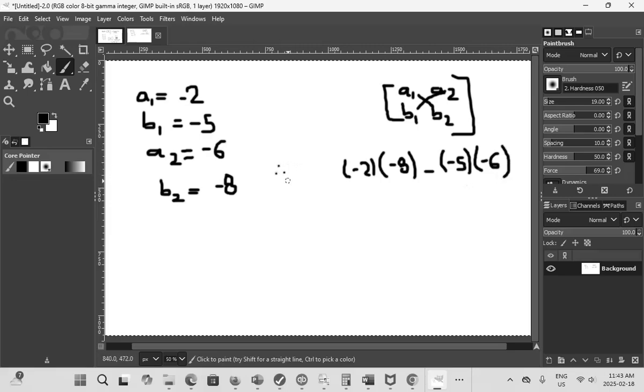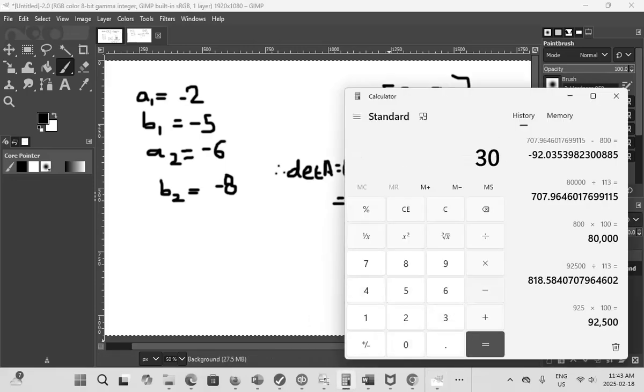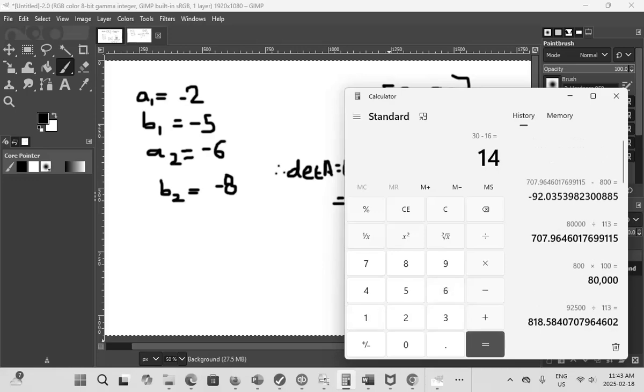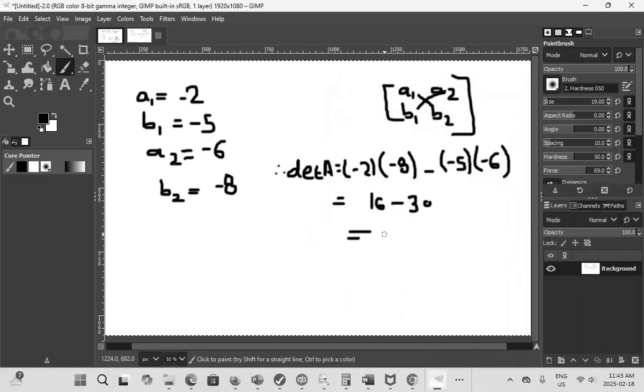Therefore DET A will be 16 minus 5 times 6 is 30. Which means this will be 16 minus 30, a total of negative 14.